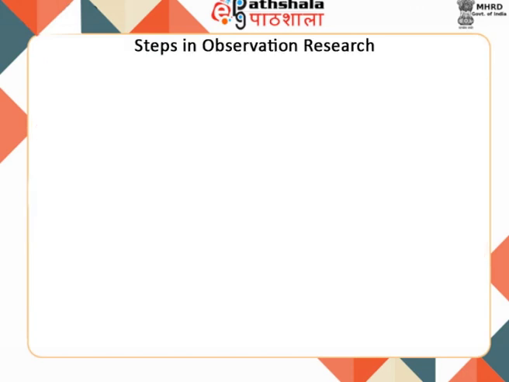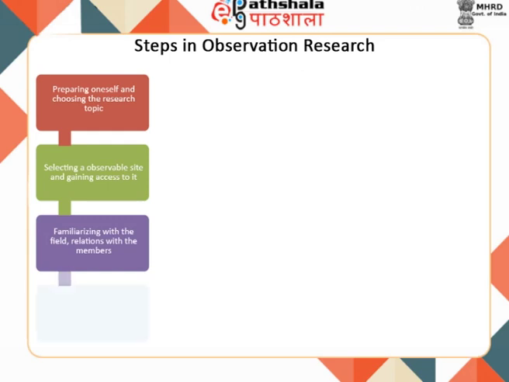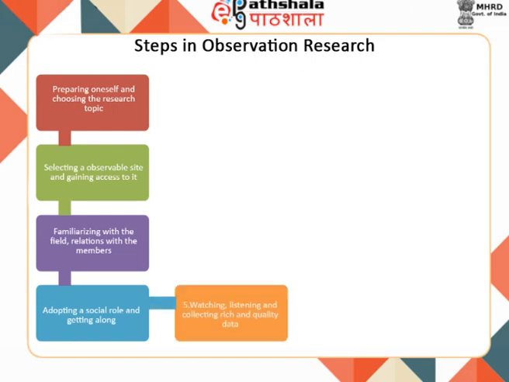The steps in observation research are: First, preparing oneself and choosing the research topic. Second, selecting an observable site and gaining access to it. Third, familiarizing with the field, relations with the members. Fourth, adopting a social role and getting along. Fifth, watching, listening, and collecting rich and quality data.